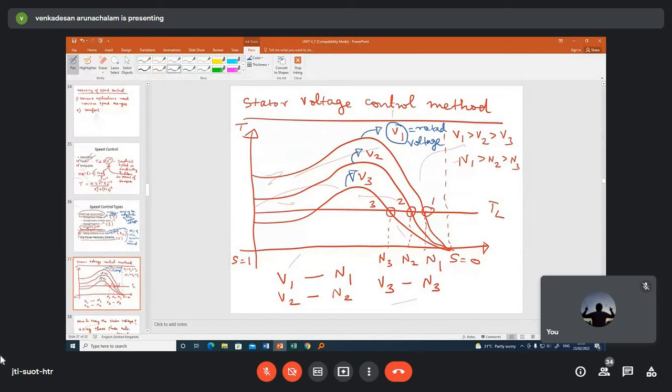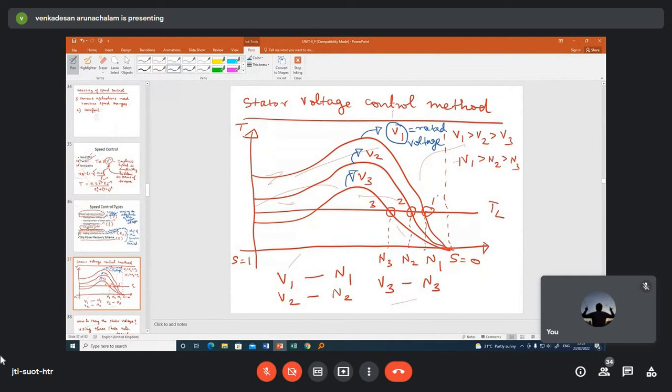And here you take the operating point, which is lying in the linear region of the induction motor. Let me take the operating point of the torque slip characteristic drawn for V1 as 1.